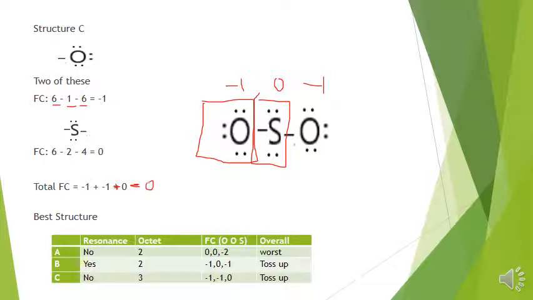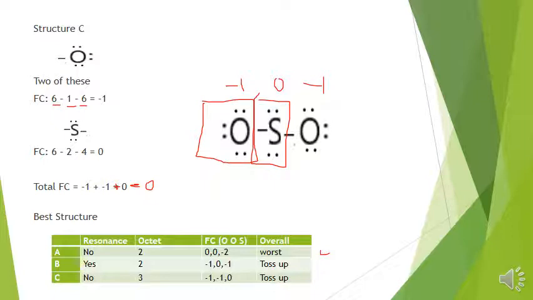Okay, what structure is the best? So the first structure, there was no resonance structure. It had 2 octets, both oxygens. The formal charges were 0, 0, and -2. Number 2 had resonance structures. 2 of the atoms had octets.